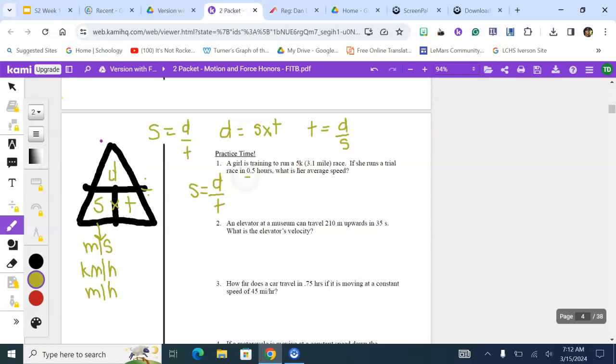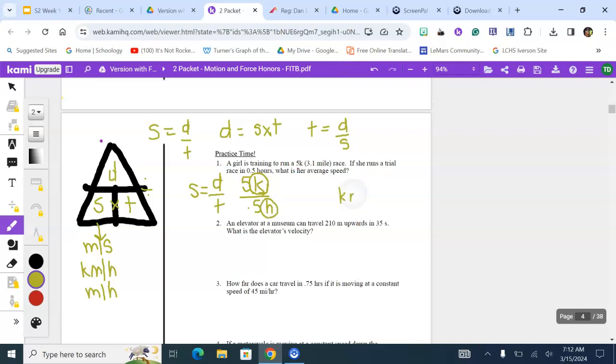So she's running a 5K, and she's going to run it in 0.5 hours. So the unit that I am going to use will be a derived unit of kilometers per hour.